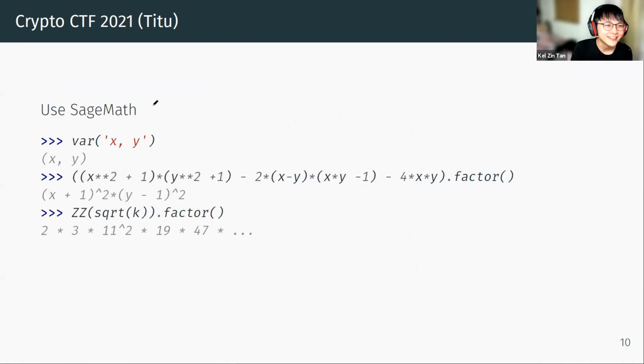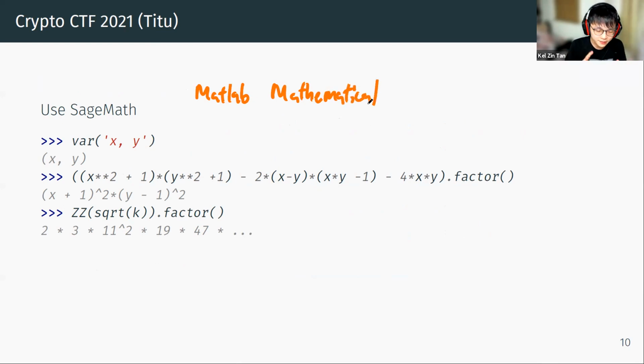SageMath is a very powerful tool, similar to MATLAB or Mathematica and so on. You can use SageMath to do a lot of mathematical operations.